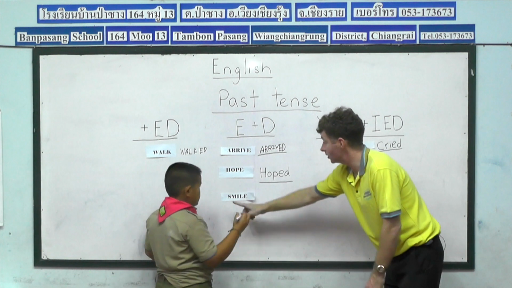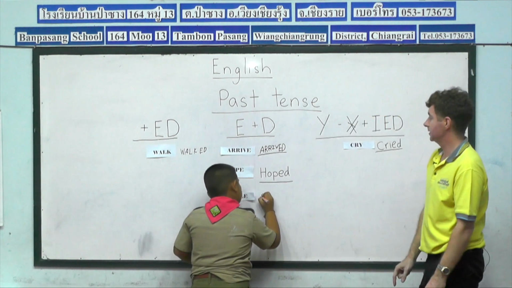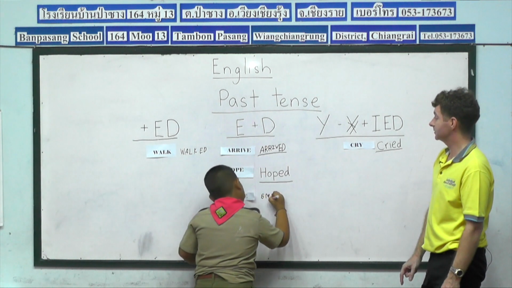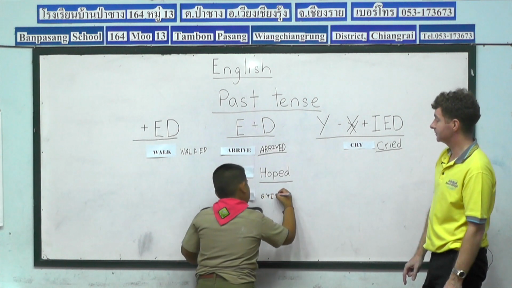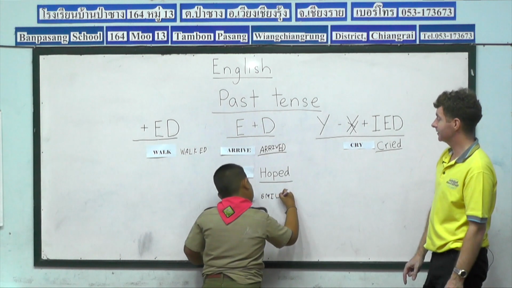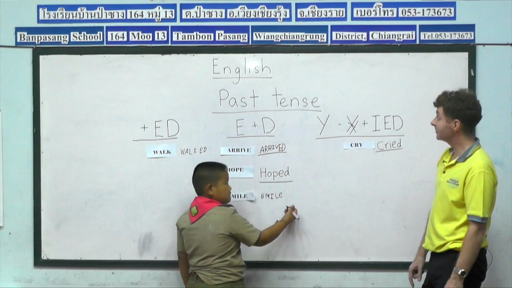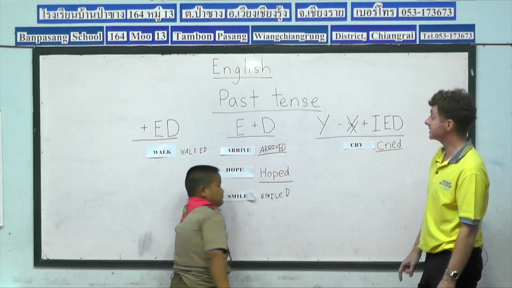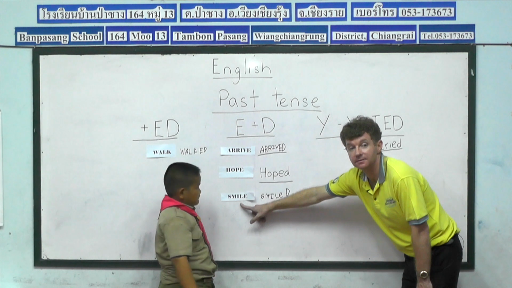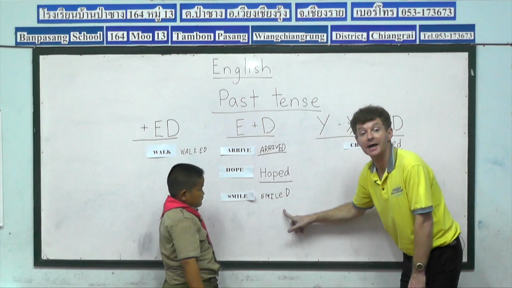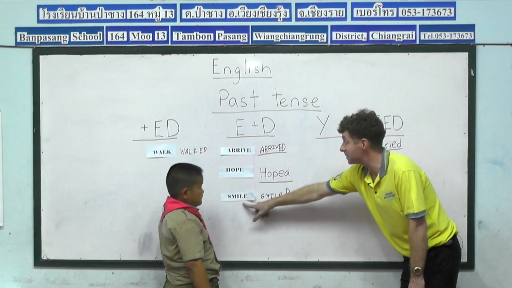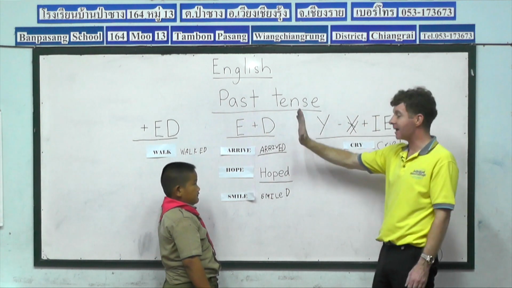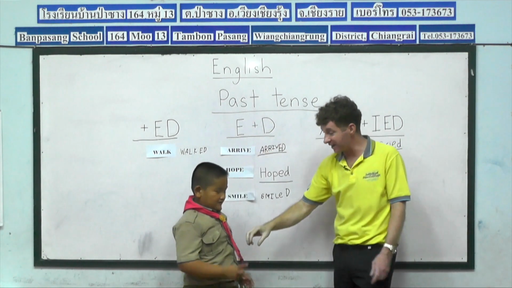So first of all, S, M, I, L, E, and then D. We just need to add D. And we've gone from smile to smiled. Net, smile. Smiled. Excellent. High five. Big round of applause for Net.